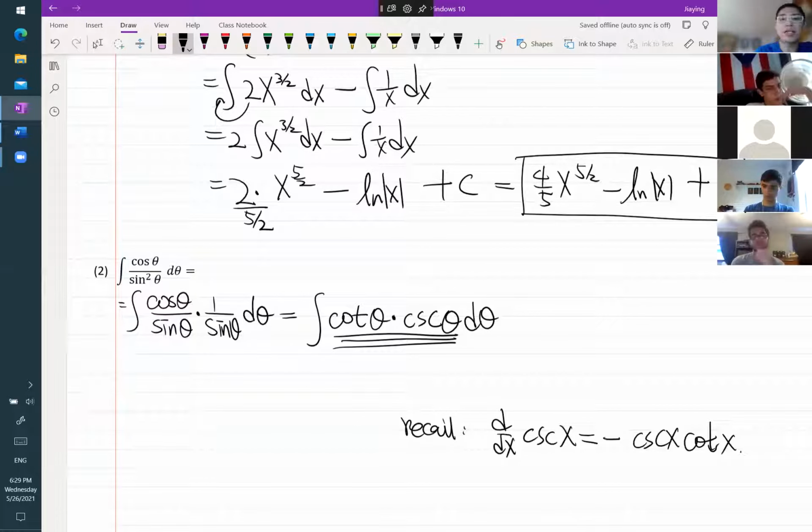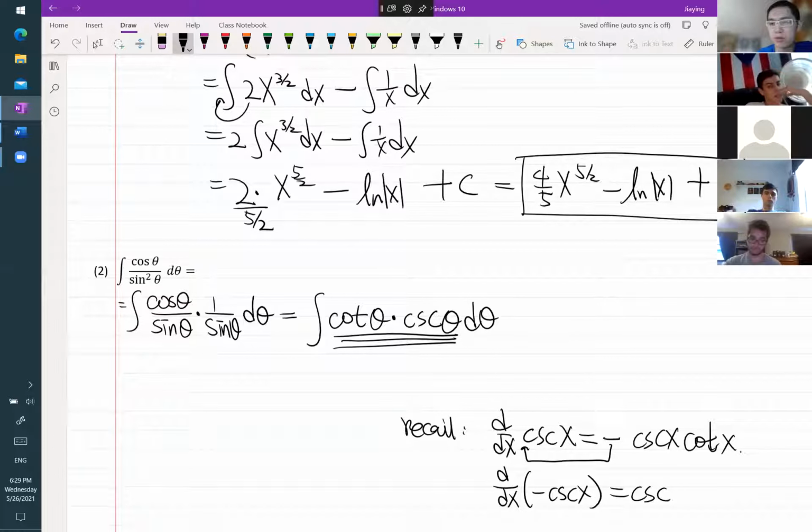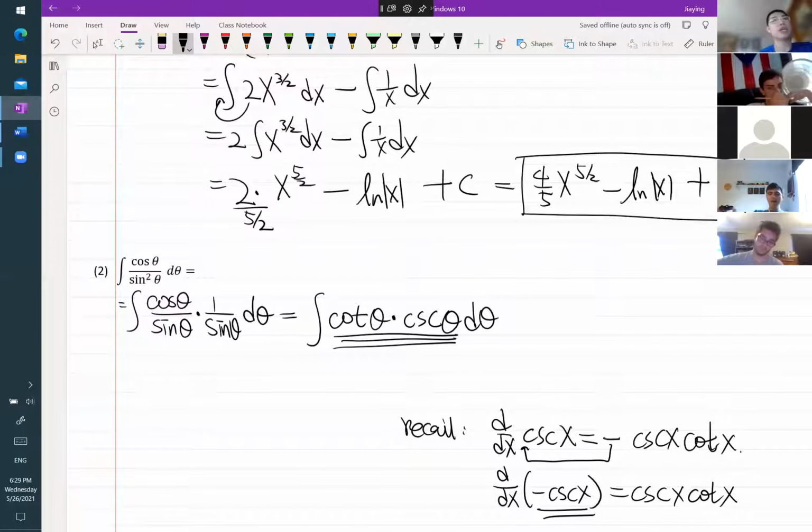But here we have a positive that we're integrating. So we basically end up moving the negative sign to the left side so that we have a positive cosecant cotangent term. So we're basically saying, okay, if we differentiate negative cosecant x, we should get positive cosecant x cotangent x. Now, if we integrate it, so we're doing the opposite process, we should get negative cosecant x.